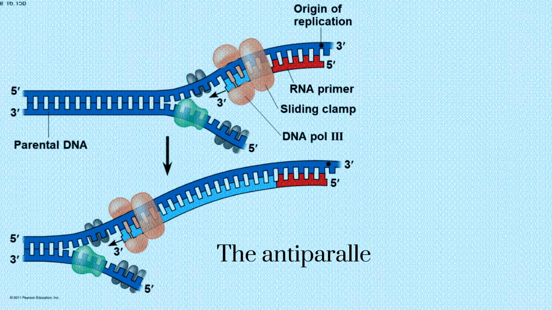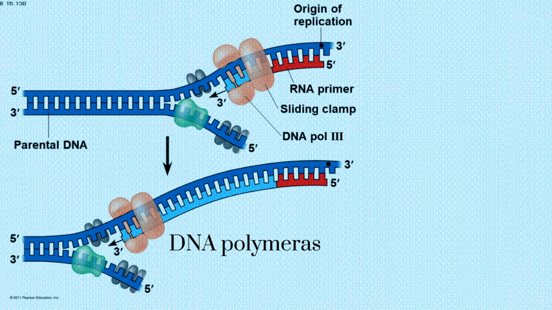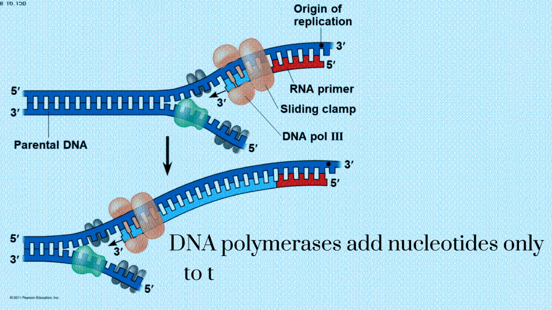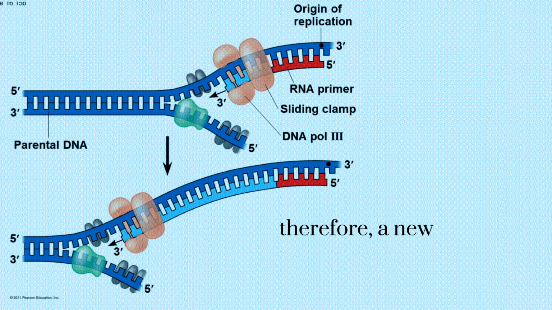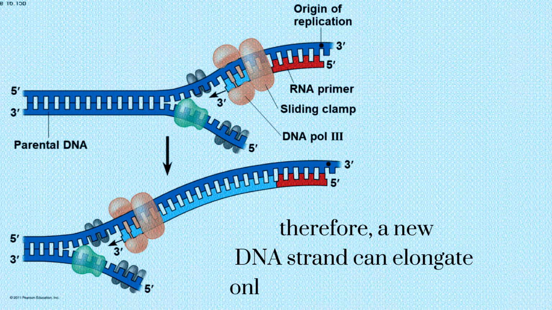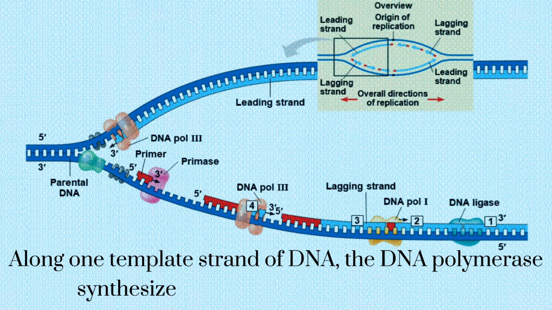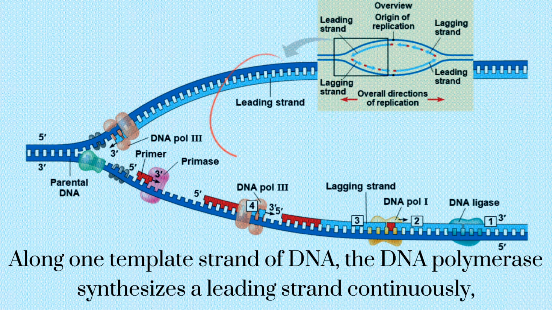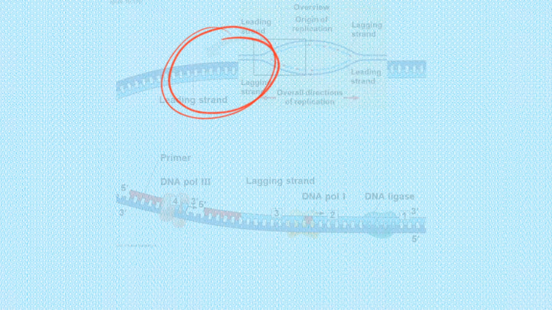The antiparallel structure of the double helix affects replication. DNA polymerases add nucleotides only to the free 3' end of a growing strand. Therefore, a new DNA strand can elongate only in the 5' to 3' direction. Along one template strand of DNA, the DNA polymerase synthesizes a leading strand continuously, moving toward the replication fork.